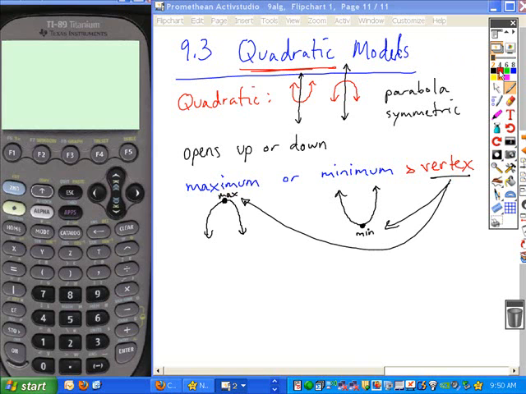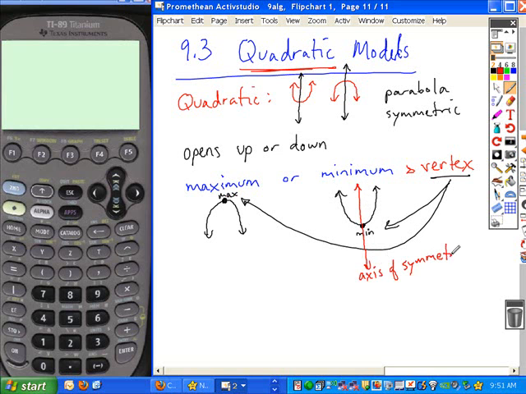If you take a vertical line through the vertex, this is called an axis of symmetry. Again, whether it opens up or down, that vertical line is called the axis of symmetry.